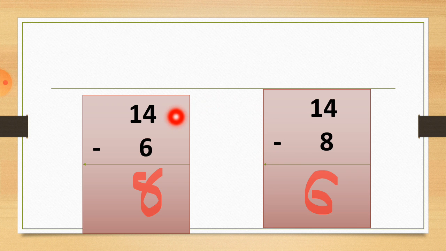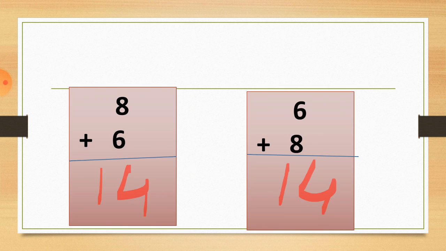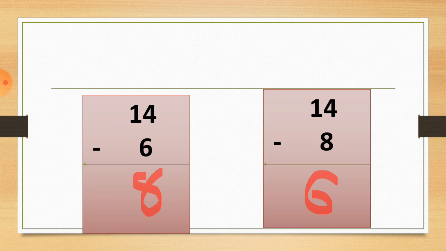So you can see here is 14, 6 and 8. These numbers are family numbers and here is also 14, 6 and 8. These three numbers stay here together. In the next sum you can see 14, 8 and 6. Here these three numbers are together also.